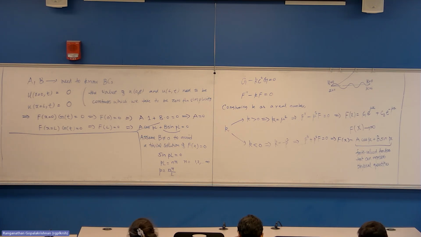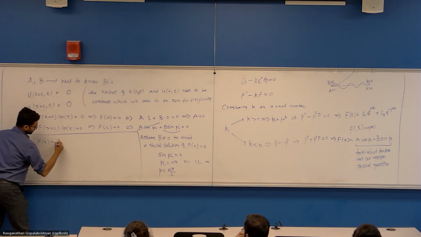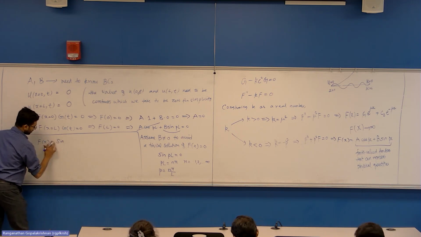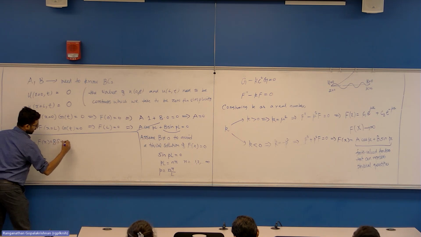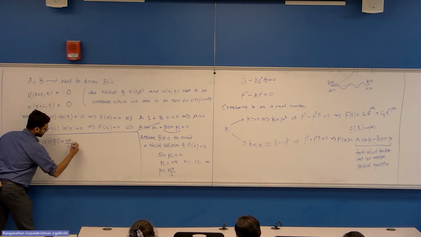where L is the length of your domain. So your solution is f of x equal to b sine n pi over L times x.